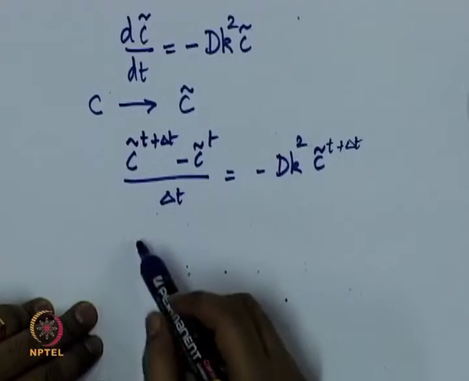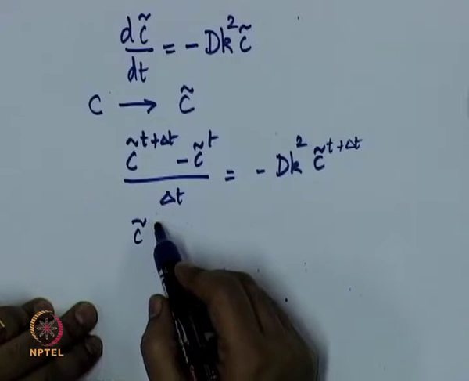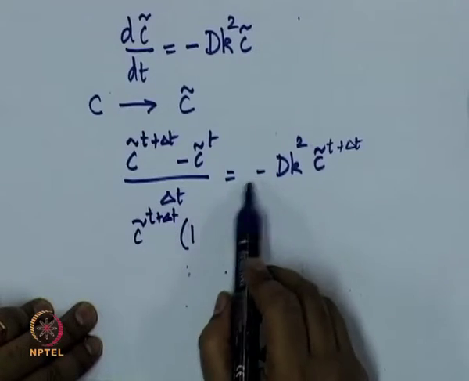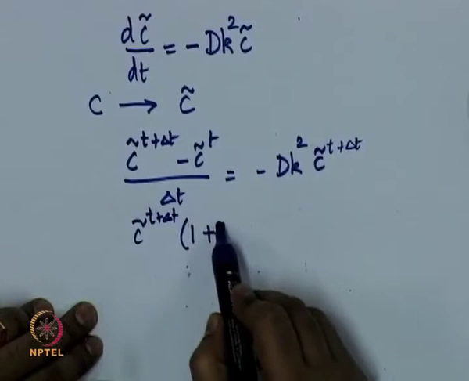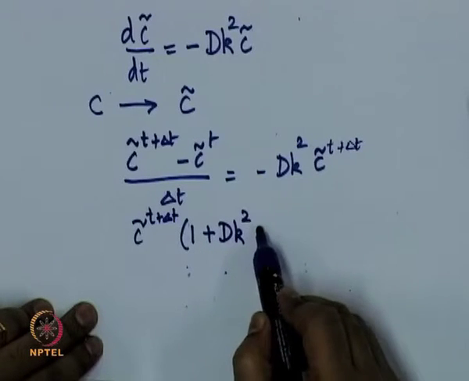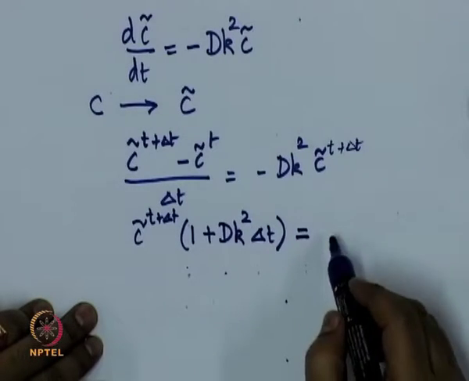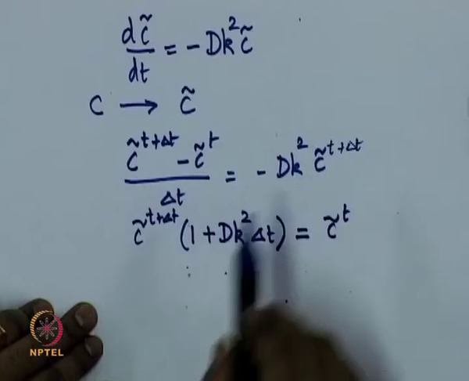So, I can now take C tilde at t plus delta t, which is already there, multiplied by 1, and the delta t term, when it comes to this side, becomes plus D k squared delta t, equal to C tilde of t. I multiplied here, I brought this term here, I took C at t there.